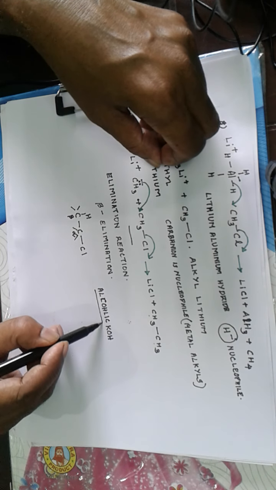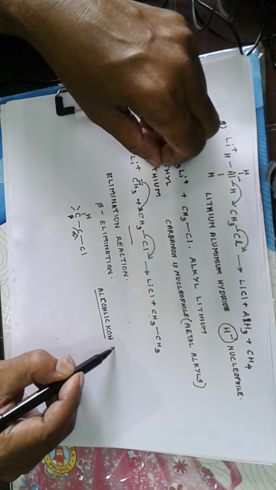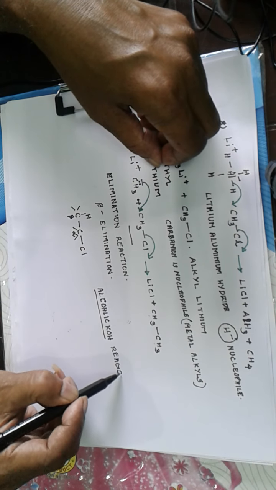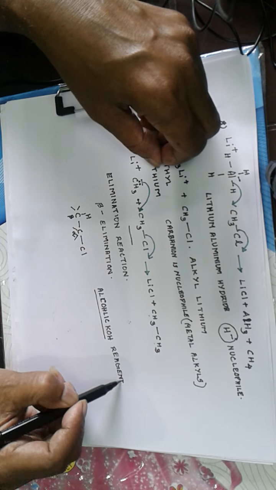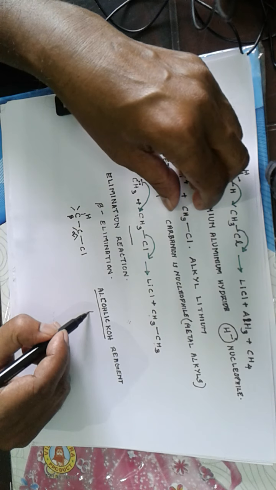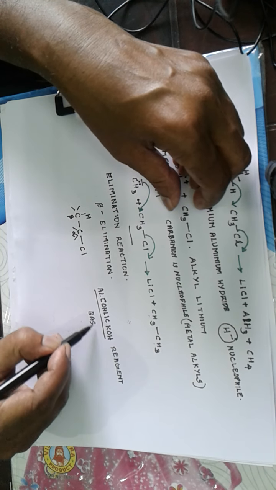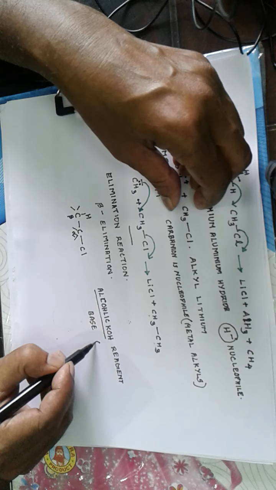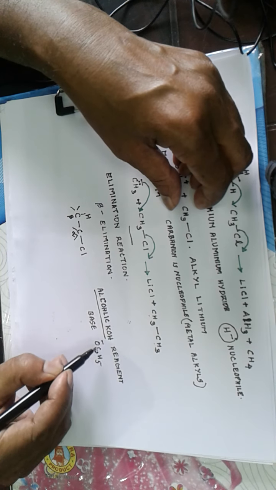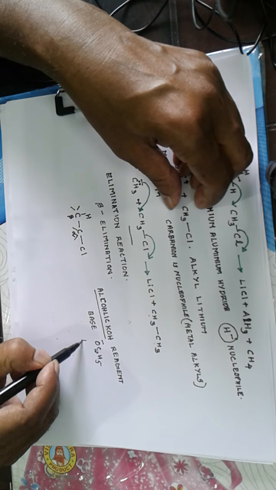So alcoholic KOH is the reagent used for beta elimination. And alcoholic KOH contains a powerful base called OC2H5 negative, or ethoxide.